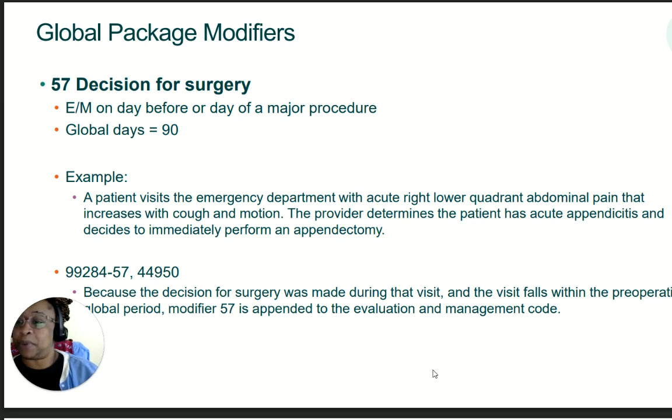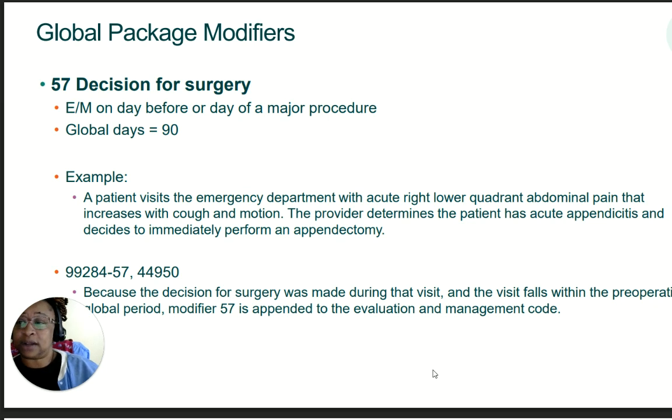Let's look at the example. A patient visits the emergency department with acute right lower quadrant abdominal pain that increases with cough and motion. The provider determines the patient has acute appendicitis and decides to immediately perform an appendectomy.